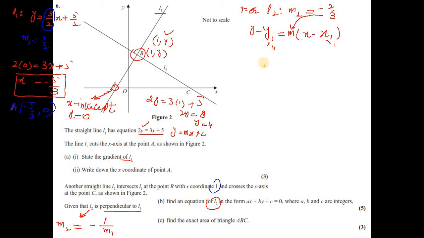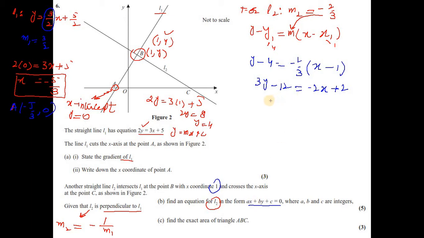If you substitute the values, y minus 4 is equal to minus 2 by 3 times x minus 1. You simplify this equation, so 3y minus 12 equals minus 2x plus 2, and then you rearrange in the form ax plus by plus c.